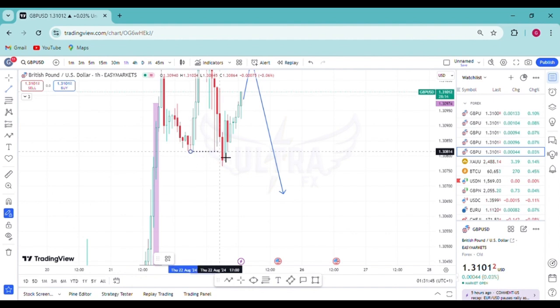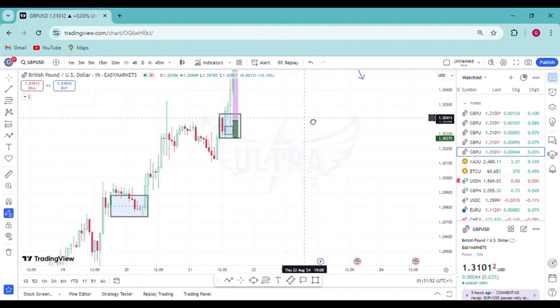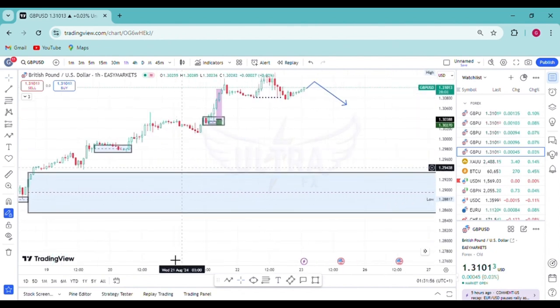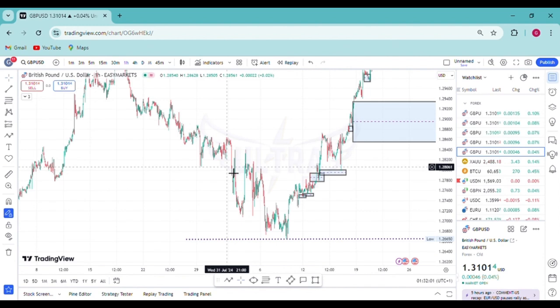We have a market structure shift. See, just beautiful like that. So that is all about our trend, our internal structure, our trend, and trend liquidity.